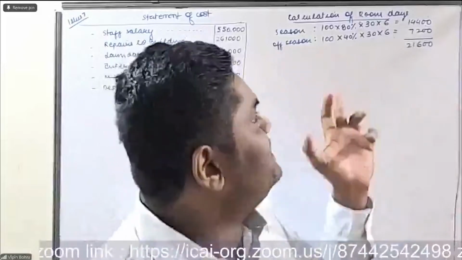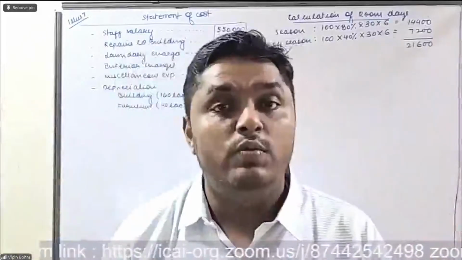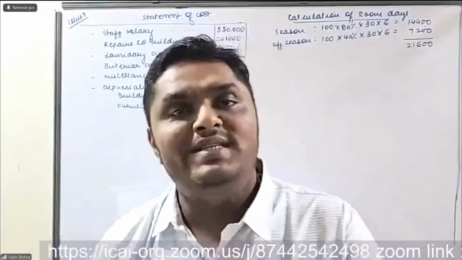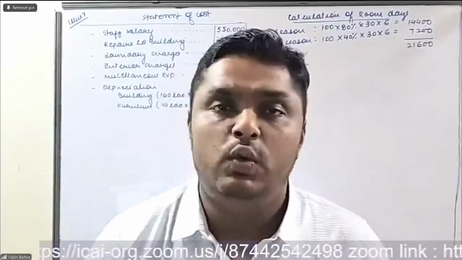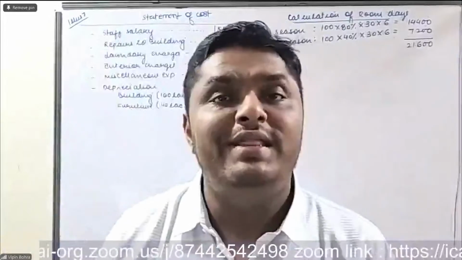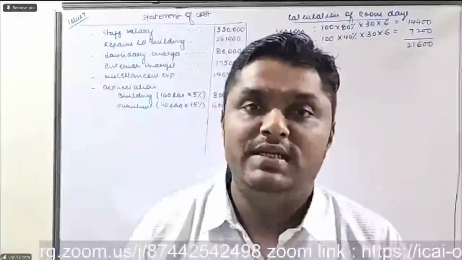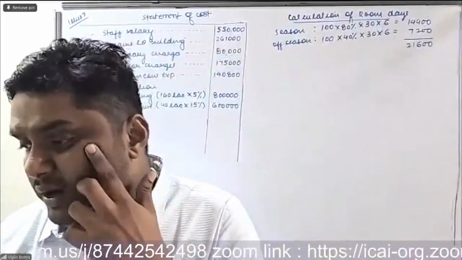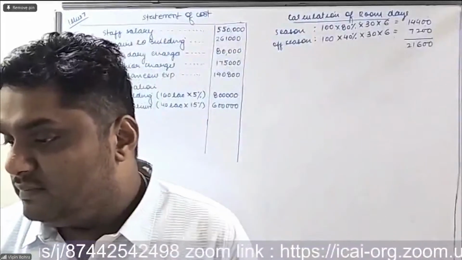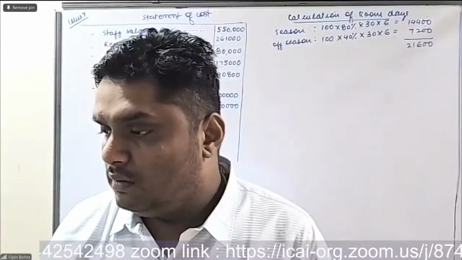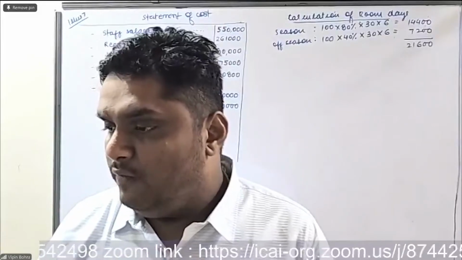When talking about season, it is 14,400 rooms booked for 6 months, and for the remaining 6 months, we have booked only 7,200 rooms. So the total number of rooms that are sold in the year is 21,600. So this is the way we will calculate the number of room days.